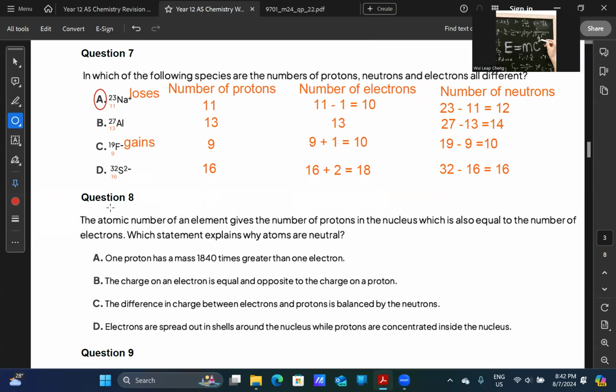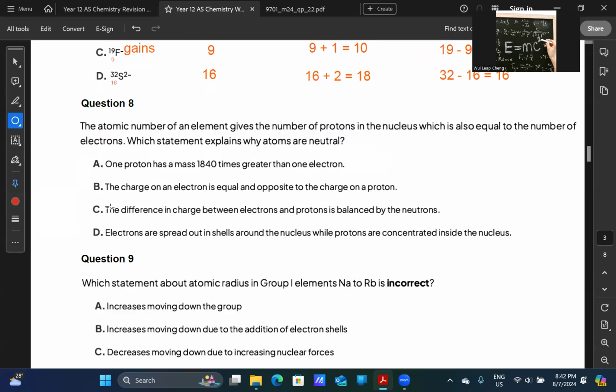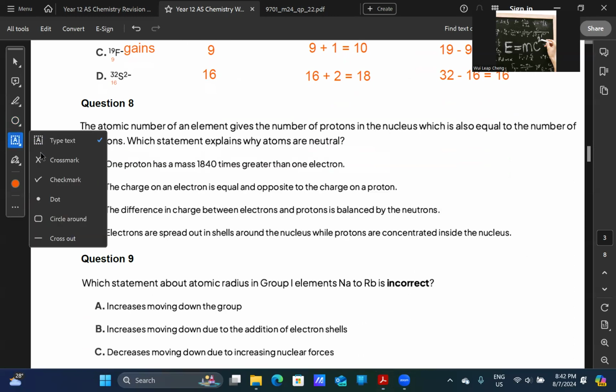Question number 8. The atomic number of an element gives the number of protons in the nucleus, which is also equal to the number of electrons. Which statement explains why atoms are neutral? You need to understand that protons, what is the relative charge of one proton?